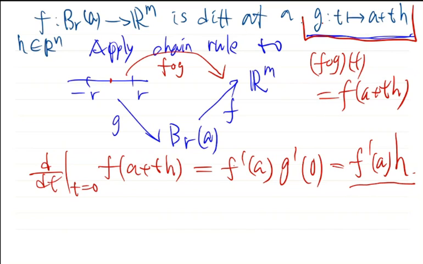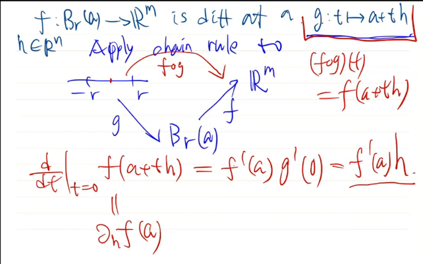That is, the derivative of f at a acting on the vector h is the directional derivative of f at a in the direction of h. This can be read in this way. Of course, here I talk about directional derivative. Previously, we studied directional derivative for real-valued functions.